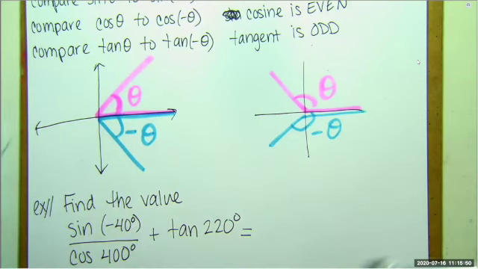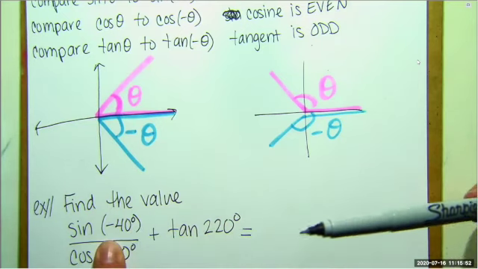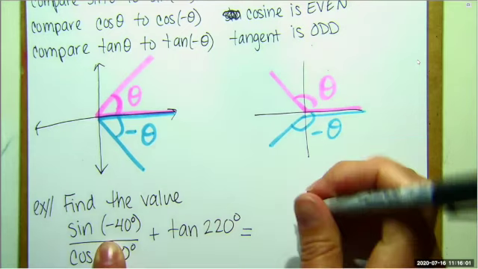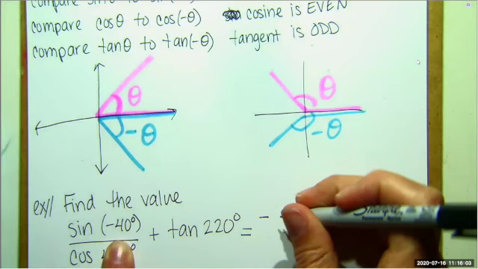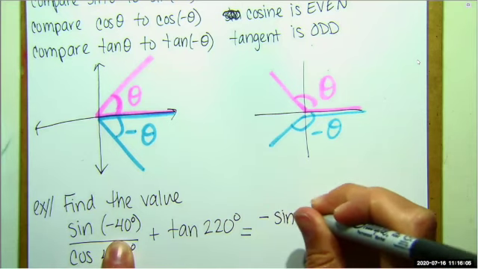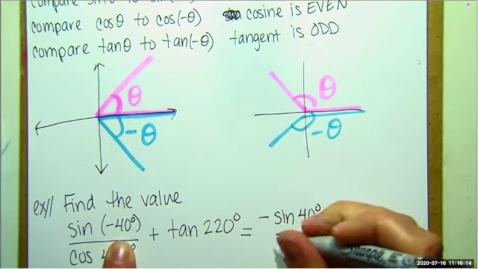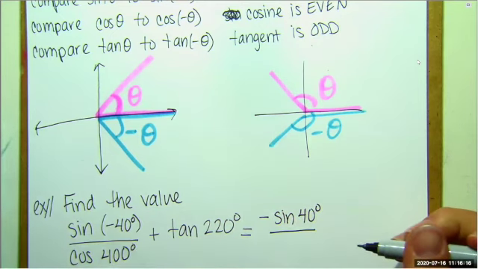All right, so first up, we have sine of negative 40. We just figured out in the last section here that sine is odd. That means that sine of negative 40 is equal to negative sine of positive 40, right? 40 and negative 40 have opposite signs. So this is just using our odd property. In the denominator, I have cosine of 400.